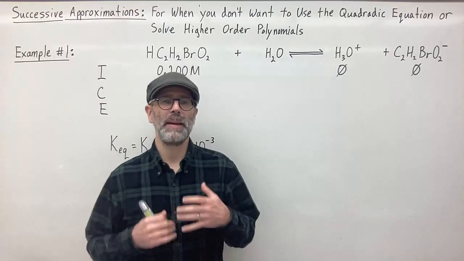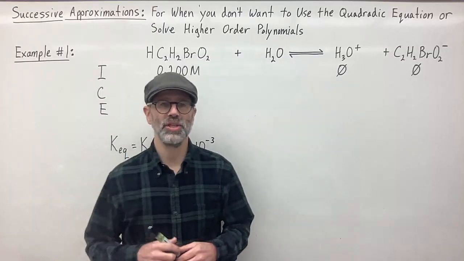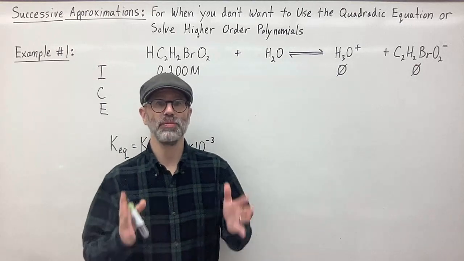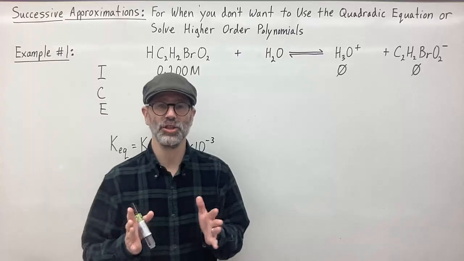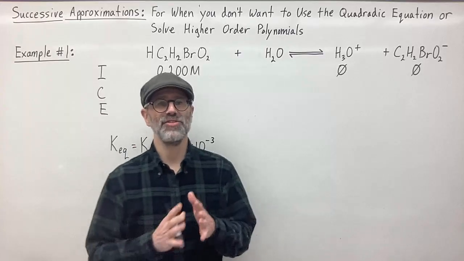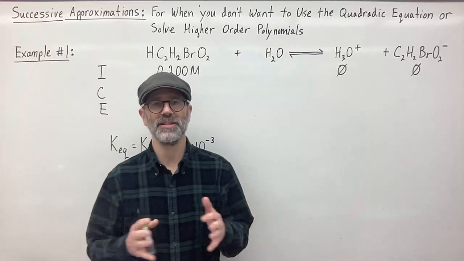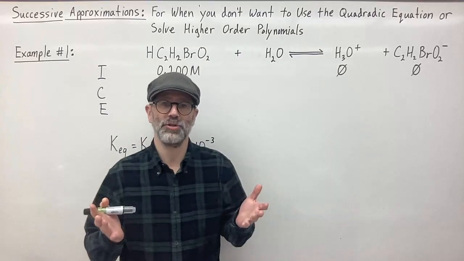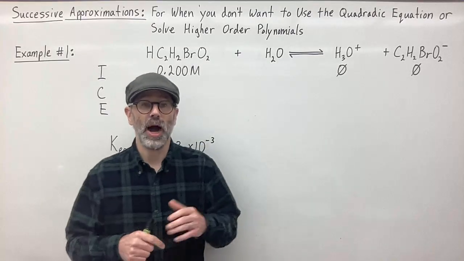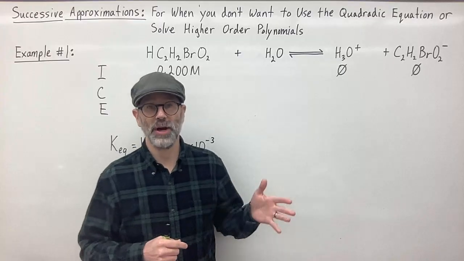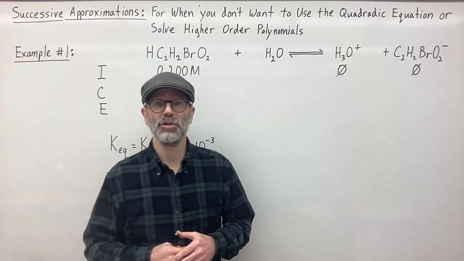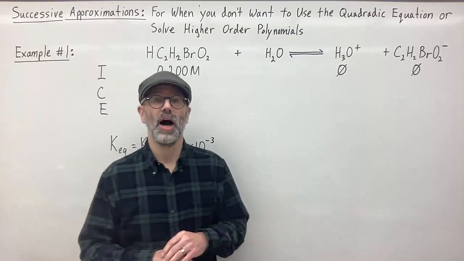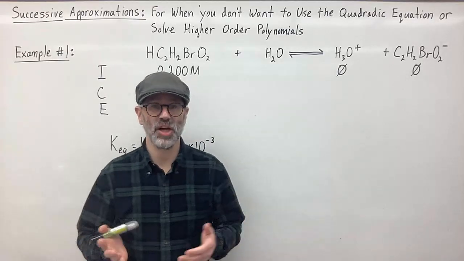This is a method that you can use when your x is too small or the x is negligible assumption is not valid. It doesn't pass the 5% rule, and so you have an option here. So either you'll have to do a quadratic equation and use the quadratic formula, or you'll have a higher order polynomial that you're going to need to solve, right?